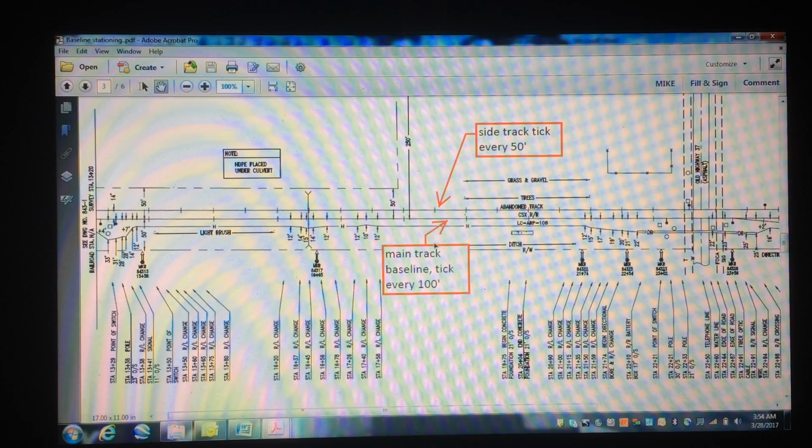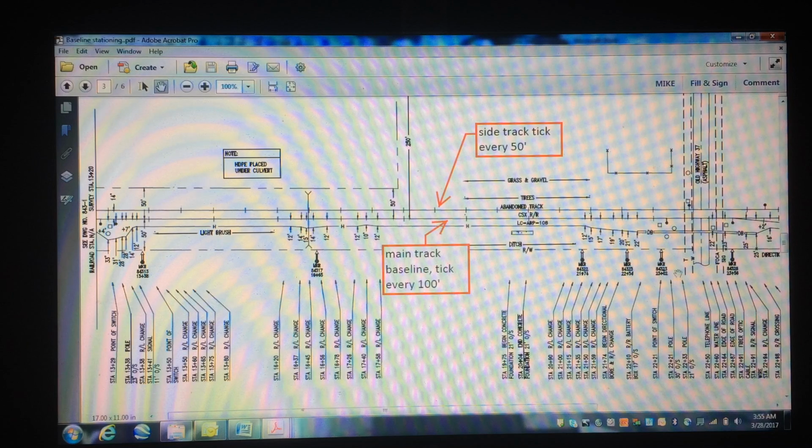Here, the main track, the baseline has a tick every 100 feet. The siding tracks have a tick every 50 feet. And as you can see, all of our running line callouts are offsets to the baseline.